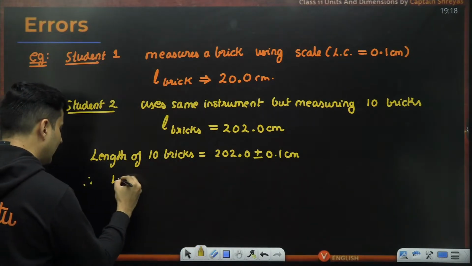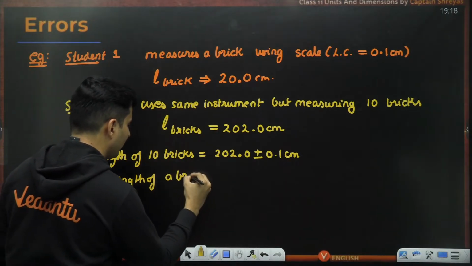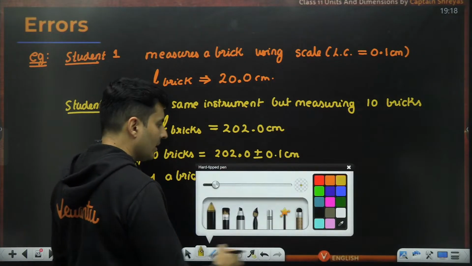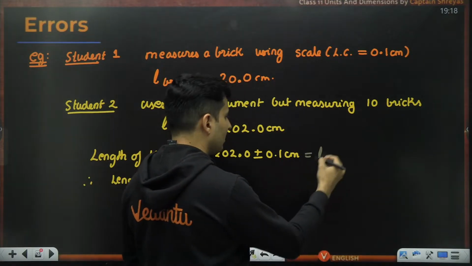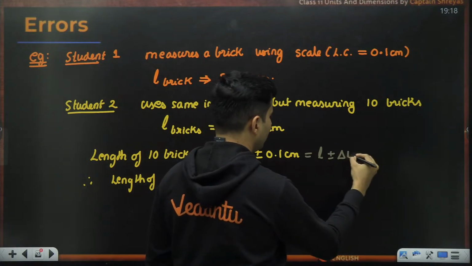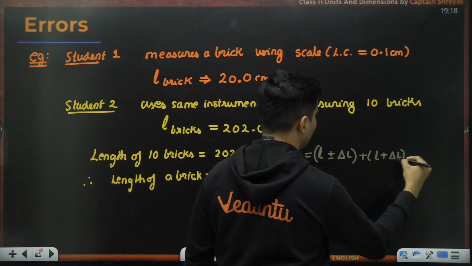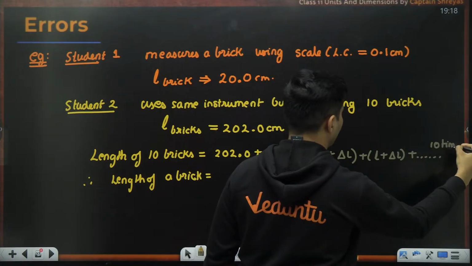Therefore, the length of a brick will be how much? Just think about it, because this will be length number 1, each length of a brick plus minus delta L. Then length of the other brick plus minus delta L. All the bricks are identical. Like that, you will have it 10 number of times.